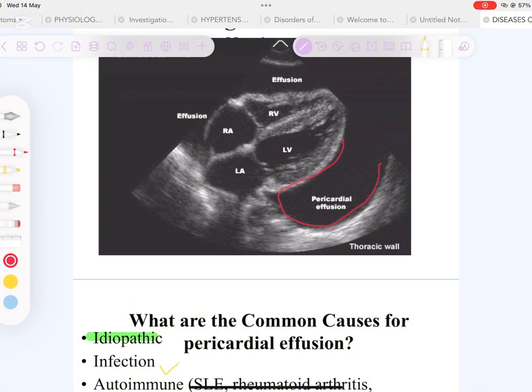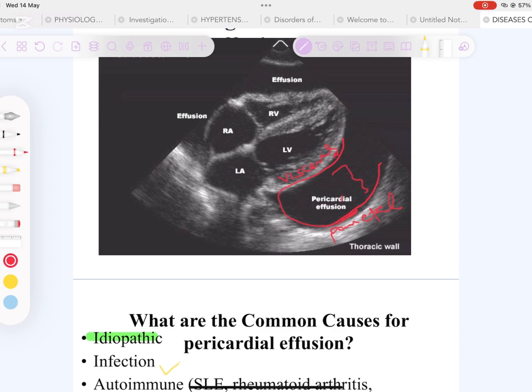This is most likely going to be the visceral pericardium, just lining here, and then this outside one is most likely going to be the parietal. So this is the parietal, this is the visceral, and this is the fluid that is accumulated, now making this place dilate.